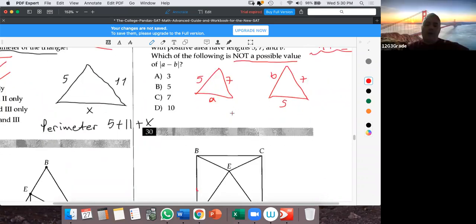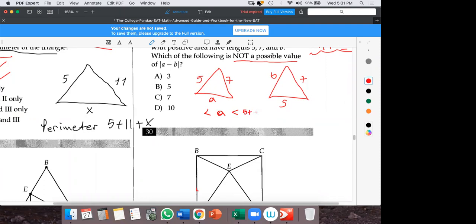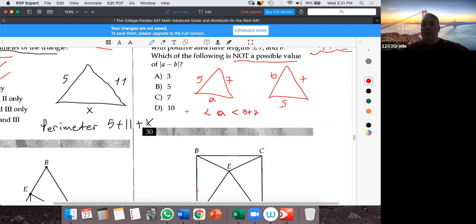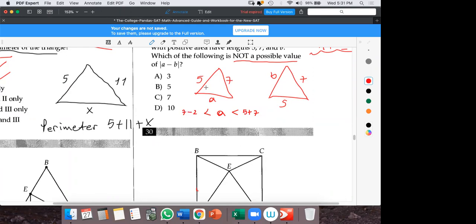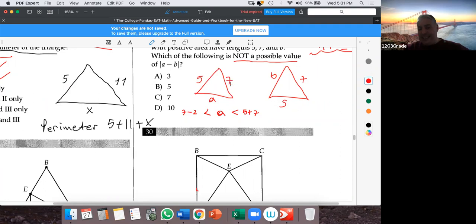So if I use the triangle inequality, what can I say? A is always less than 5 plus 7. Any side is always less than the sum of the other two sides and greater than their difference.